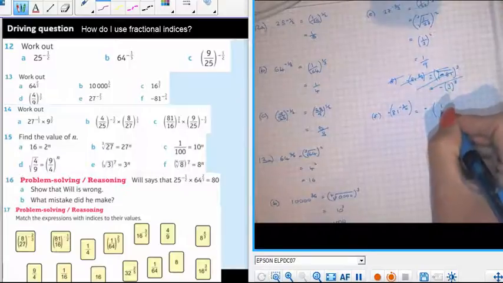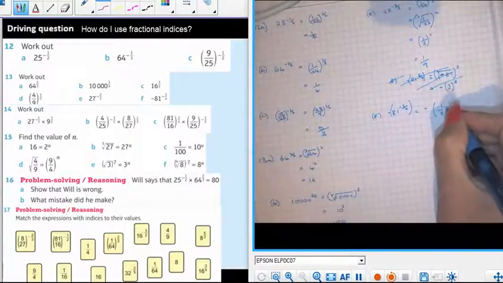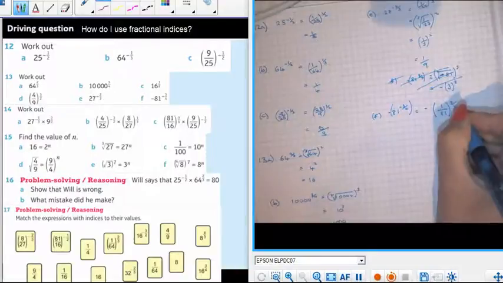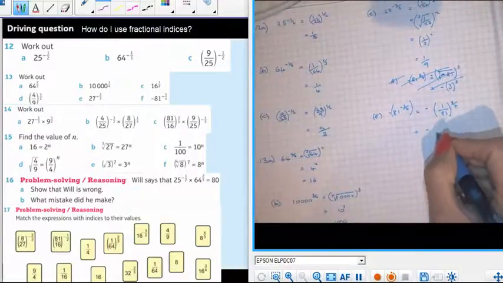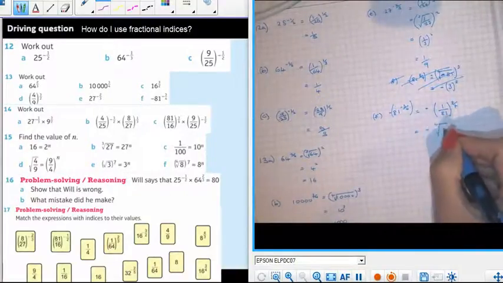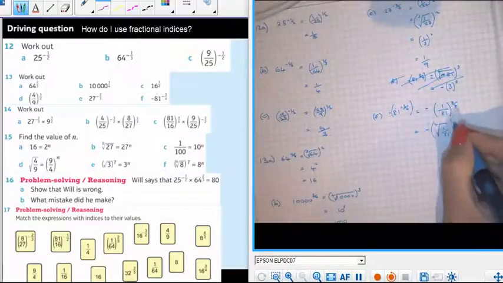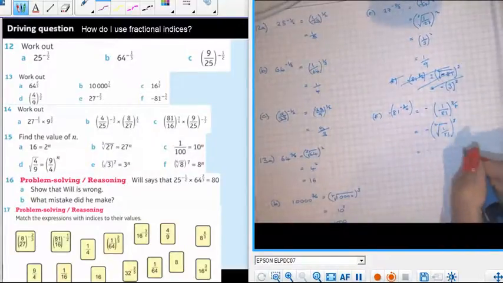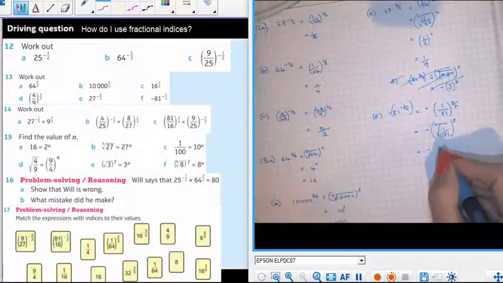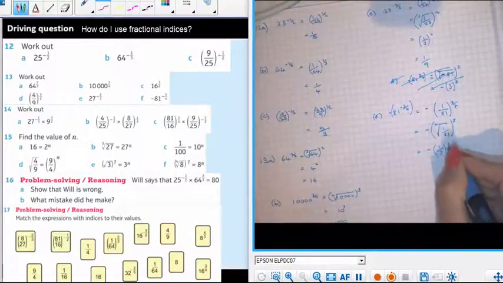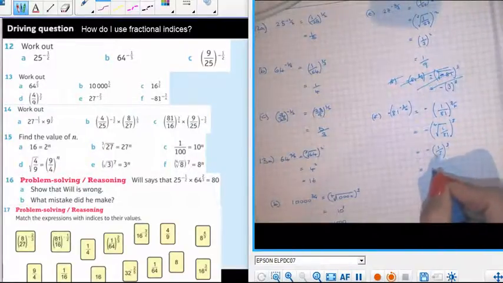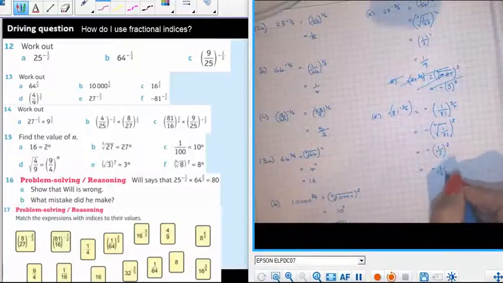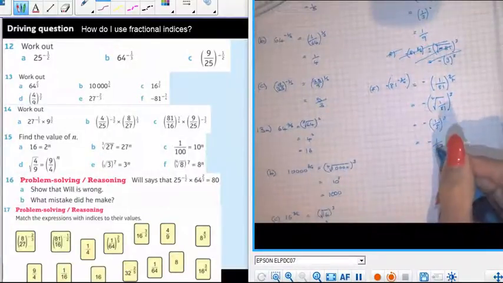So the reciprocal of 81 is 1 over 81 to the power of 3/4. The fourth root of 1 over 81 cubed. The fourth root of 1 over 81 is 1/3. And then we want to cube that. So we should get 1 over 27.